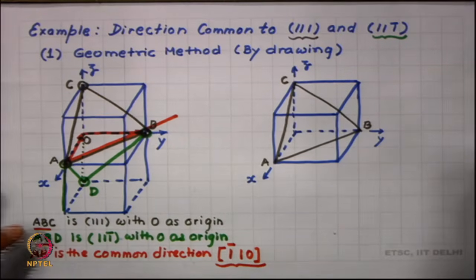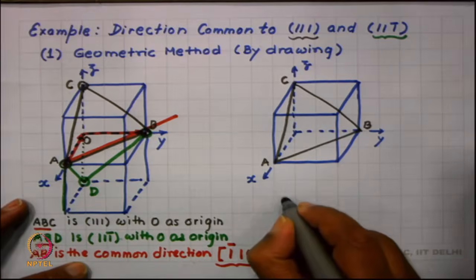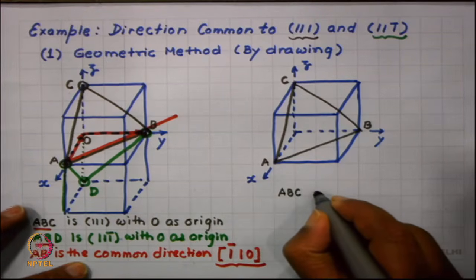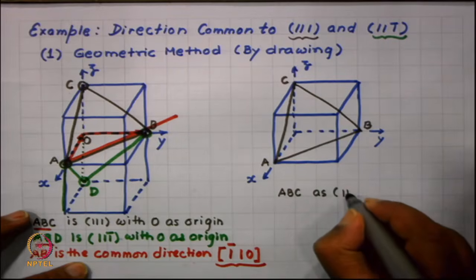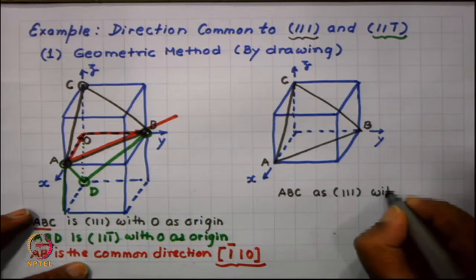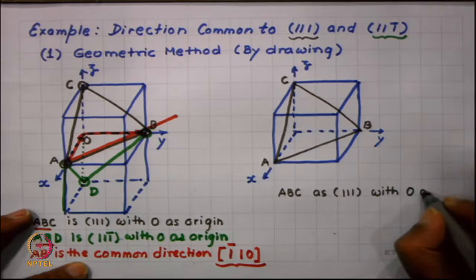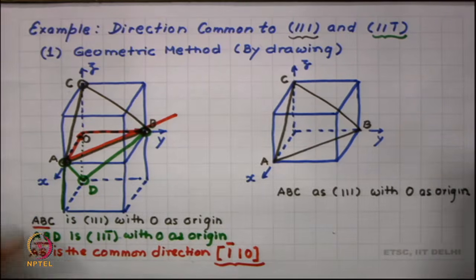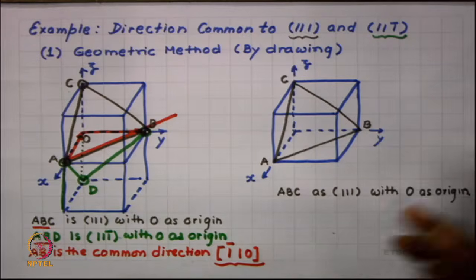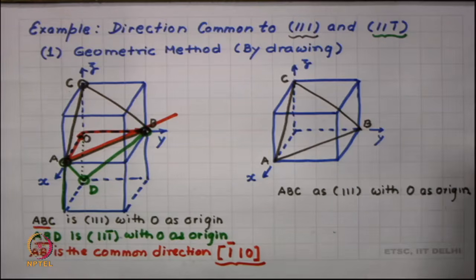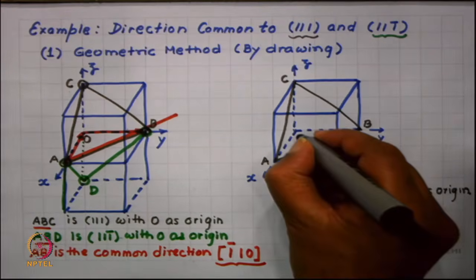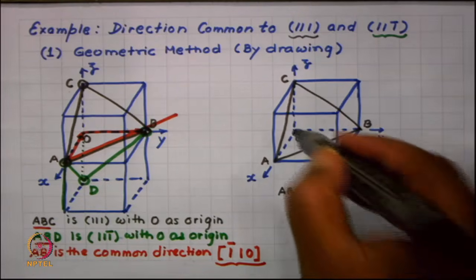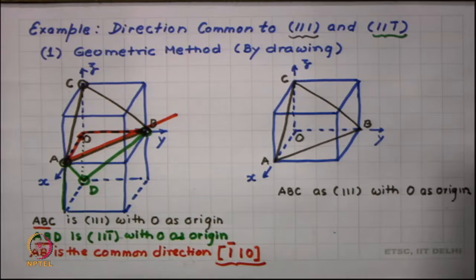And I get again ABC as 1 1 1 with O as origin. But now, if I want to draw 1 1 bar 1 in the same unit cell, I will have to shift my origin. This was the O origin, because if I keep the origin fixed, then the bar 1 will take me outside the unit cell.